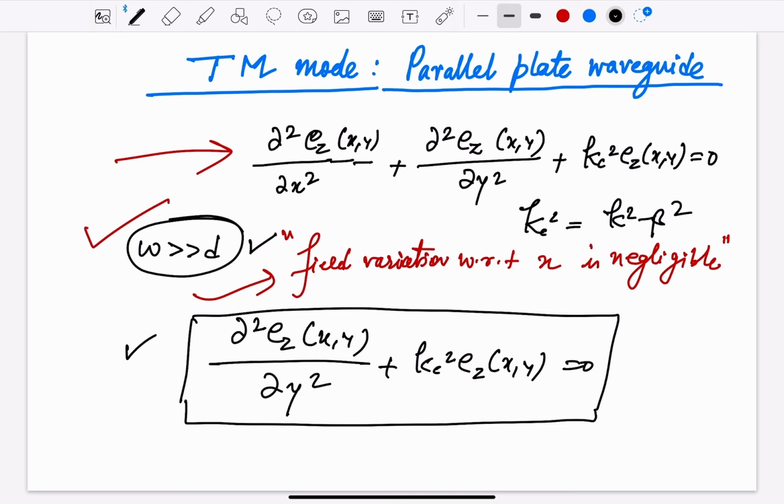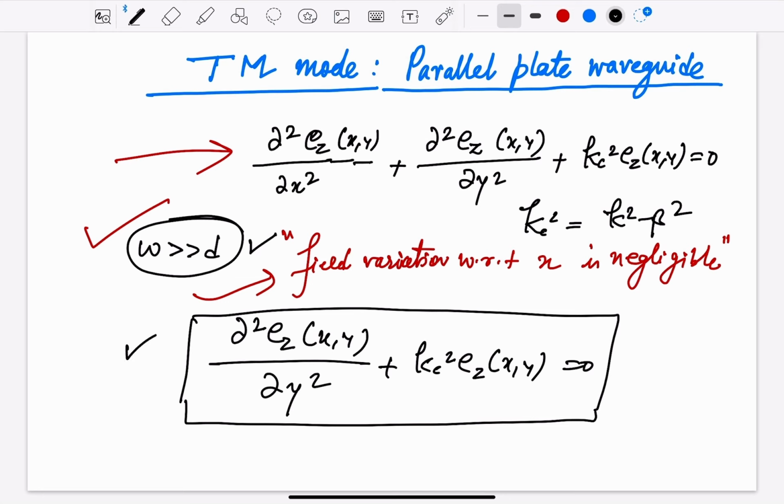So what we can write is A_n sine n pi y by d e to the power minus j beta z, where this A_n is the amplitude constant, and this is associated with the discrete TM_n mode.